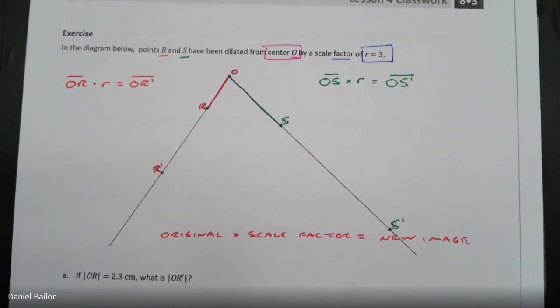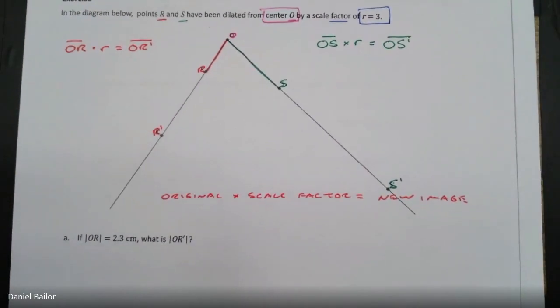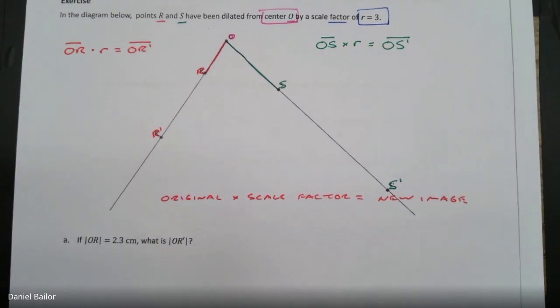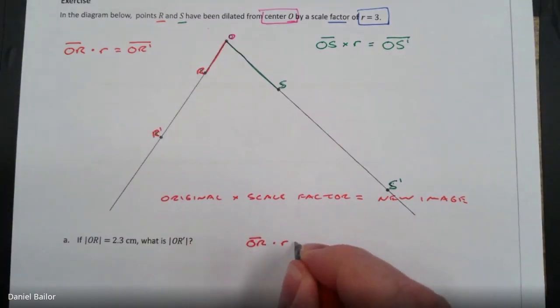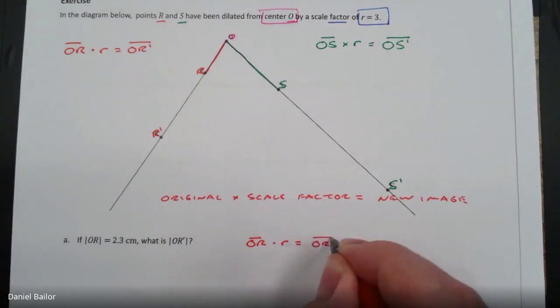In fact, we're going to use it right now to answer A. If OR equals 2.3, what is OR prime? Well, we're going to use this equation right here. OR times the scale factor equals OR prime.